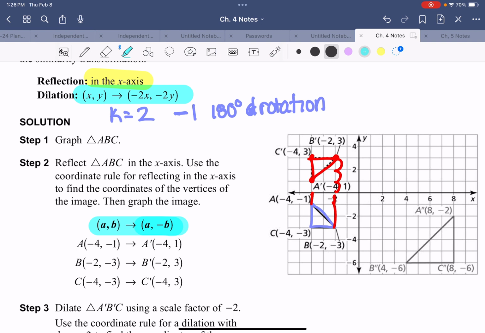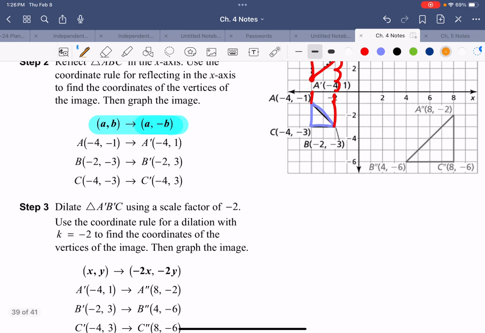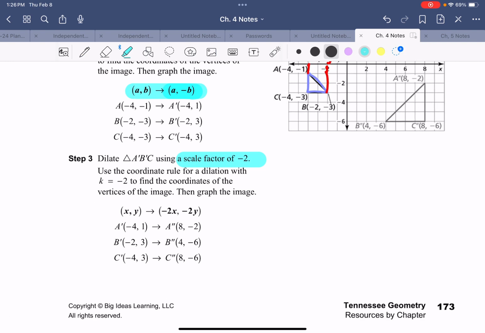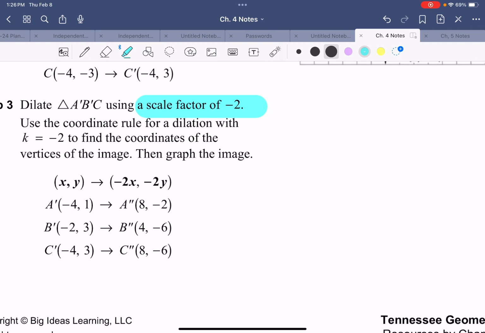Now, once we reflected it over the x-axis, we're going to come back here and do the dilation. When we're doing the dilation, we've got this factor of -2, which means we're enlarging it, doubling its size, and rotating it 180 degrees. That's what that means, okay? So all you have to do now is take your x-coordinate and multiply it by -2.